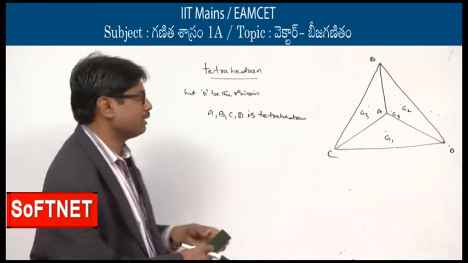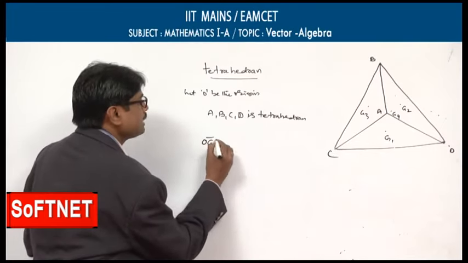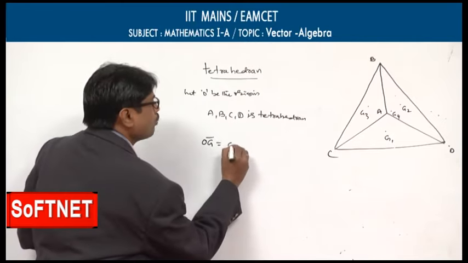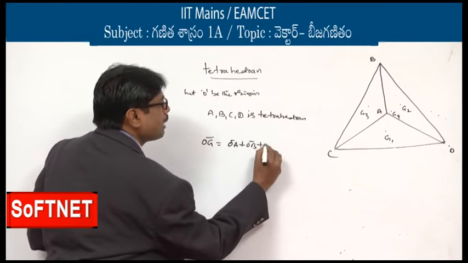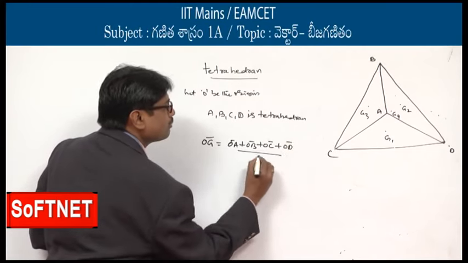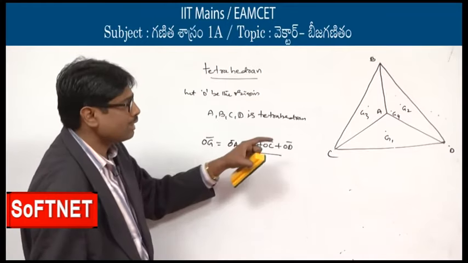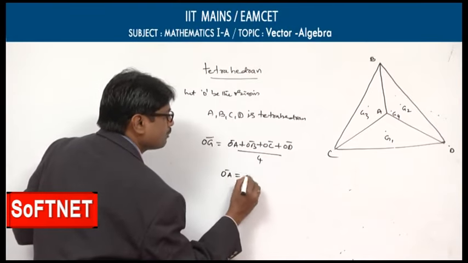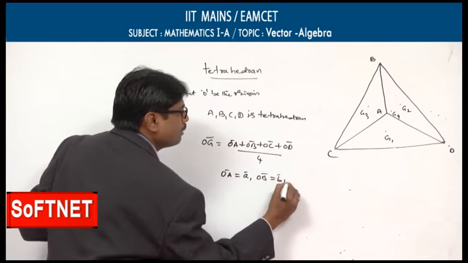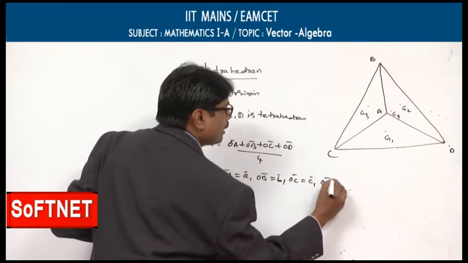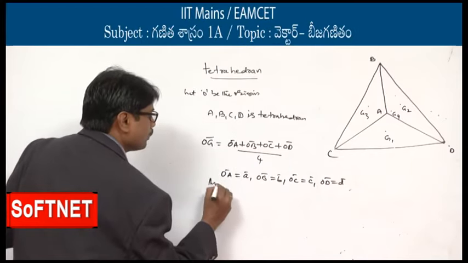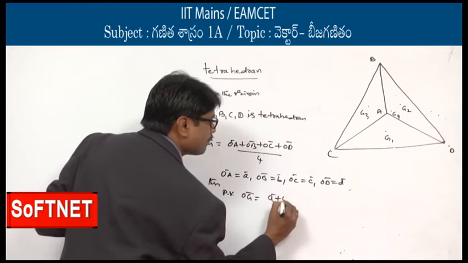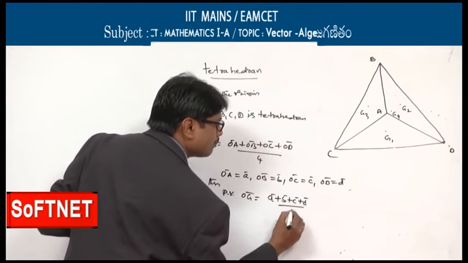On applying the same method, the centroid OG bar of the tetrahedron with vertices A, B, C, D will be OA bar plus OB bar plus OC bar plus OD bar divided by 4. If ABCD is a tetrahedron with O as the origin, and OA bar is A bar, OB bar is B bar, OC bar is C bar, OD bar is D bar, then the position vector OG bar is equal to A bar plus B bar plus C bar plus D bar divided by 4.